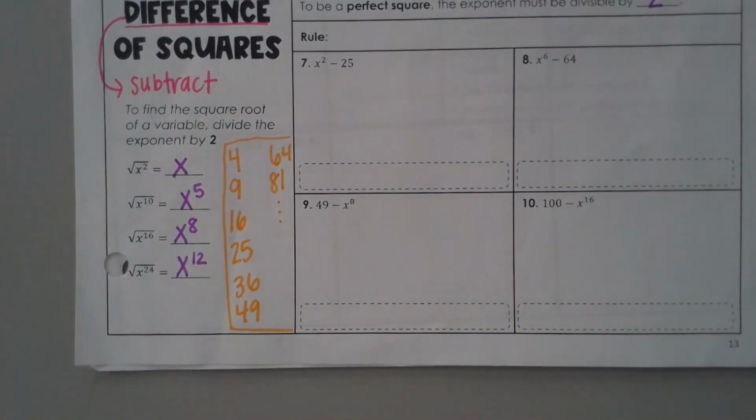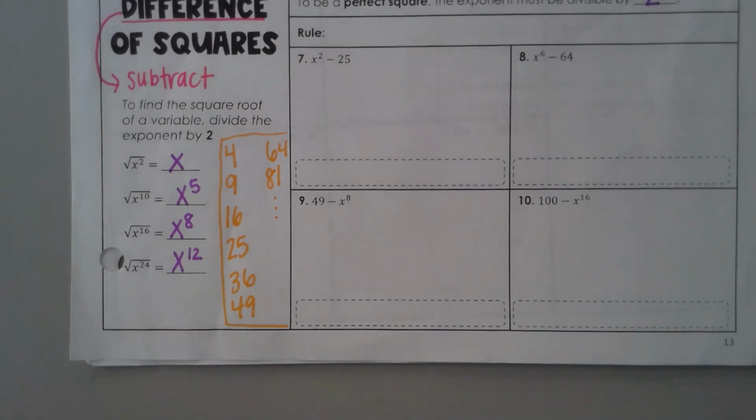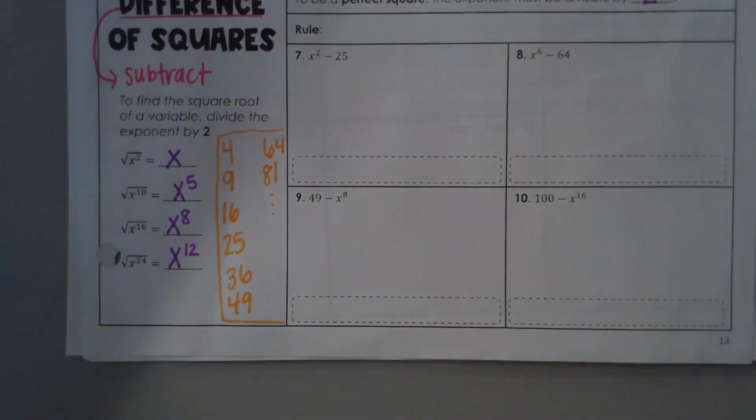Those are perfect squares. So any of these numbers, any variable that has an exponent that's a multiple of 2, those are considered perfect squares. So when I'm subtracting 2 perfect squares, we have this special shortcut.